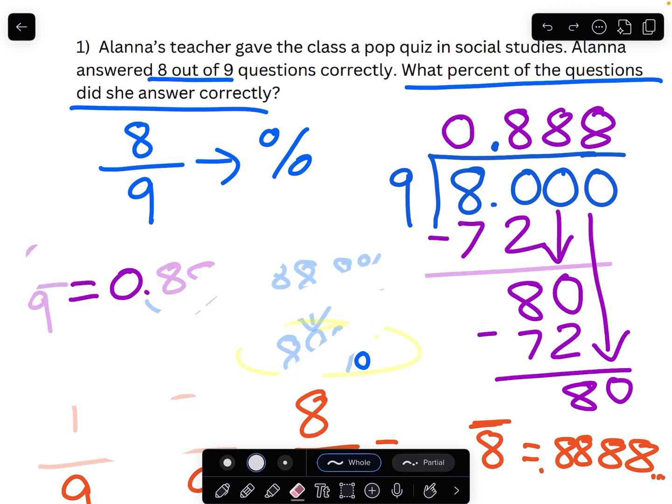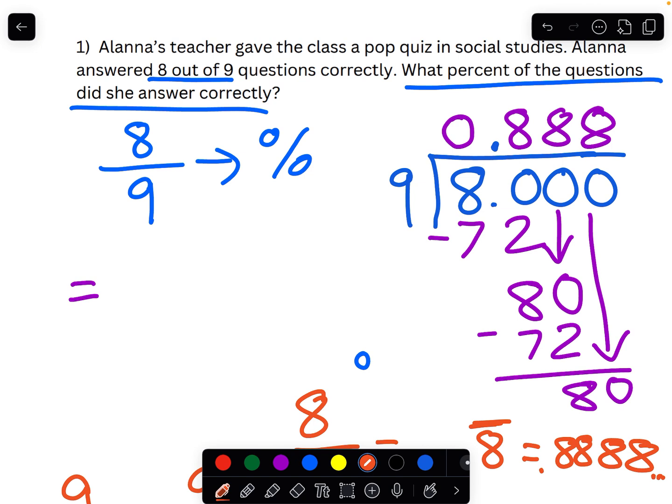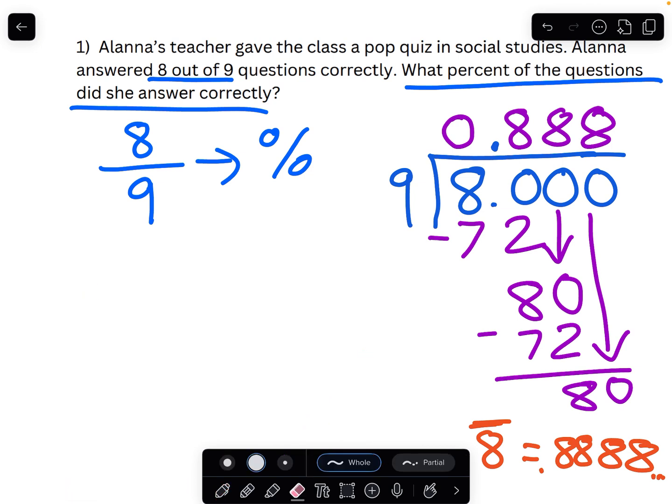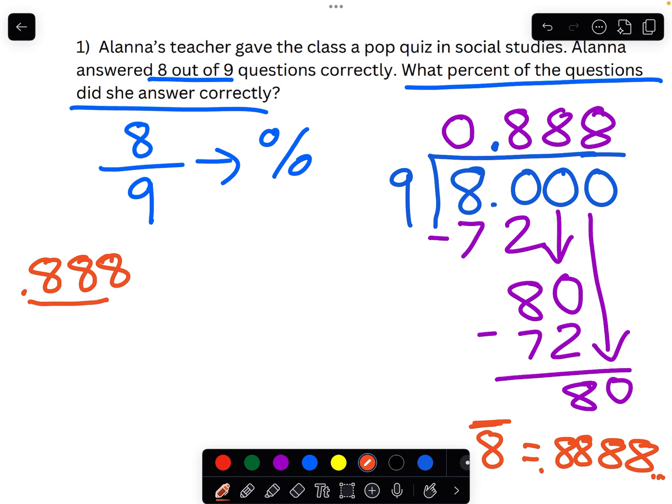So one thing I do want to go over just for a second here is, why does 0.888 equal 88.8%? Well, remember, this part here equals 88 out of 100, right? A percent is basically out of 100. So we have 88 out of 100.